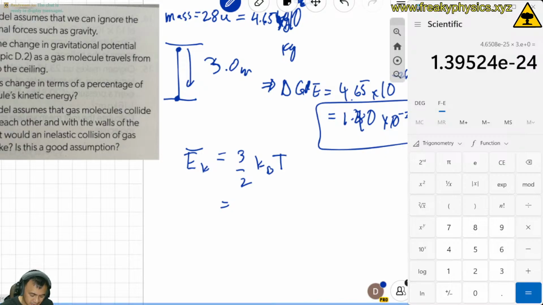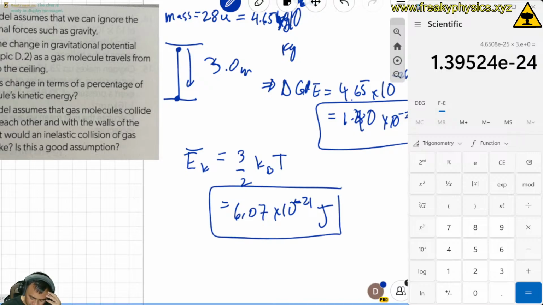The average kinetic energy of a nitrogen molecule is approximately 6.07 times 10 to the minus 21 joules. We can actually calculate this and get a similar value.